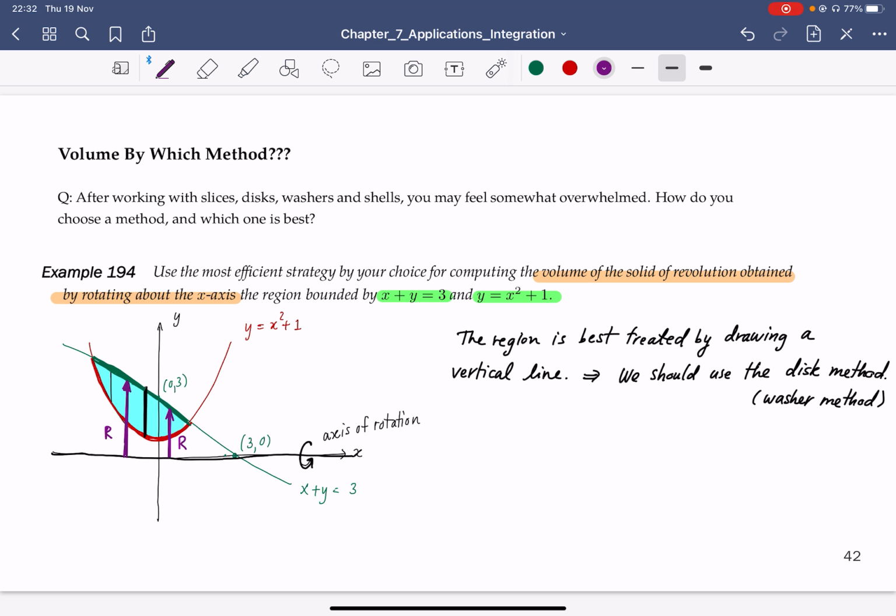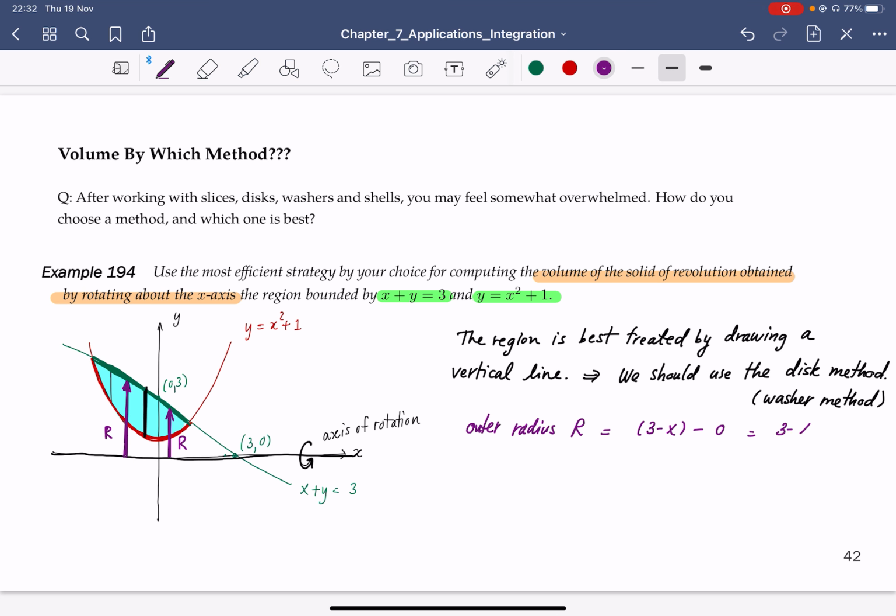So I'm gonna say my outer radius, big R, is going to be the top line, which is y equal to 3 minus x, minus the bottom line, which is 0.